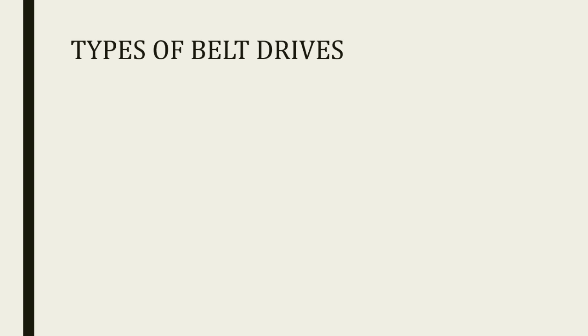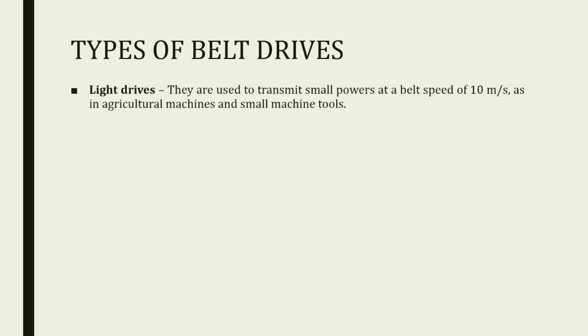We need to understand that there are different types of belt drives as well. There are three types of belt drives depending on the speed of the belt. We'll see one by one what they are. The first one is light drives. Light drives are used to transmit small powers at a belt speed of 10 meters per second, as in agricultural machines and small machine tools. So where do you use light drives?